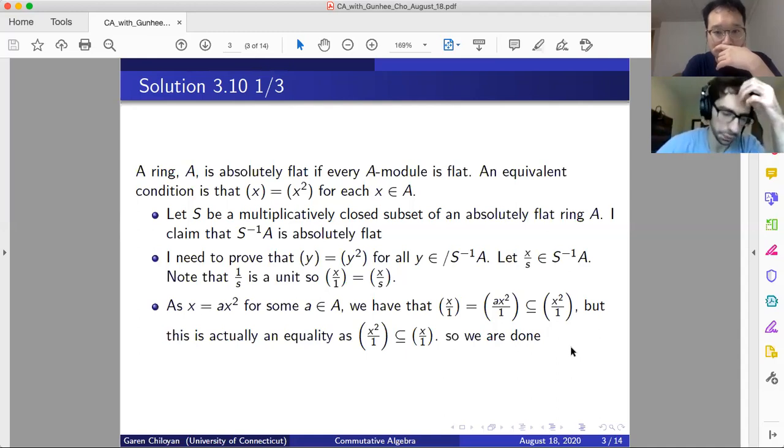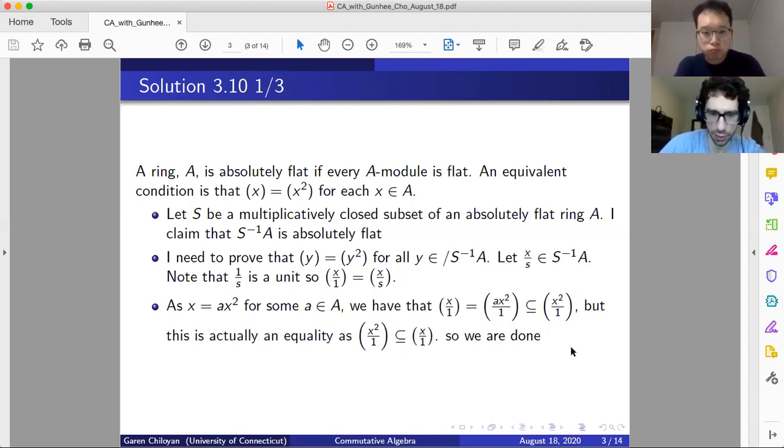Why is that true? Take any element x over s in S inverse A. I need to prove that x over s generates an ideal which is the same as the ideal generated by x over s squared. Actually, 1 over s is a unit, so the ideal generated by x over s is the same as the ideal generated by x over 1, if you just multiply through by the inverse of 1 over s.